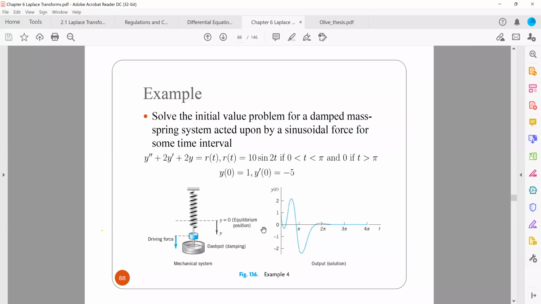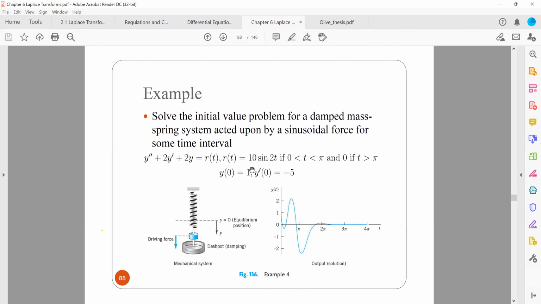We have an example here. Again, we are given this differential equation, non-homogeneous. We're given what our r(t) is: it's 10 sin 2t between 0 and pi, and 0 for t greater than pi.